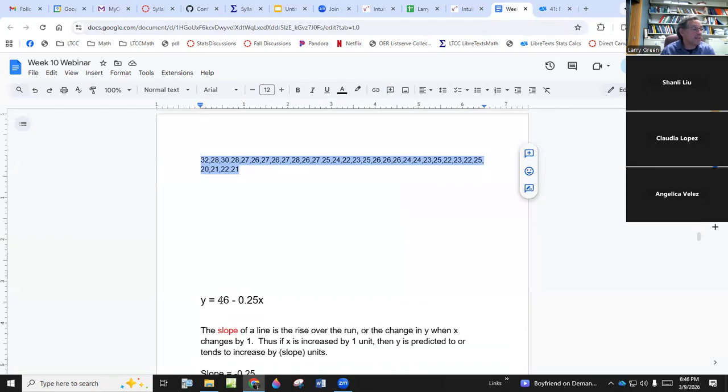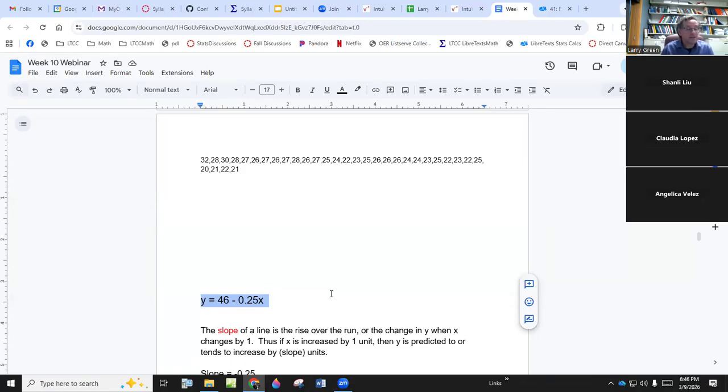So now we can look at this equation. First thing, what's the slope of this line? Y equals 46 minus 0.25x. What's the slope of the line? Very important for you to know this. Basic algebra. Very basic. Doesn't necessarily mean you remember, but it's very basic. So how do you find the slope of this line? It should be really easy. What do you get?